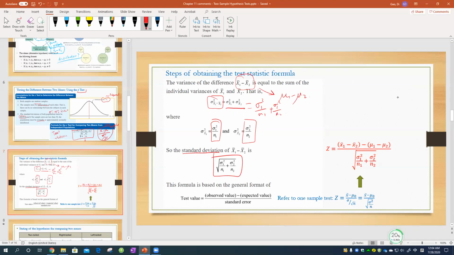Then using the same format, now we're using the two sample information. X bar is x1 bar minus x2 bar, so x1 bar minus x2 bar minus mu1 minus mu2, divided by the square root of the variance. That's the standard deviation, so we rewrite it. This z score, the standard score, is our test statistic.